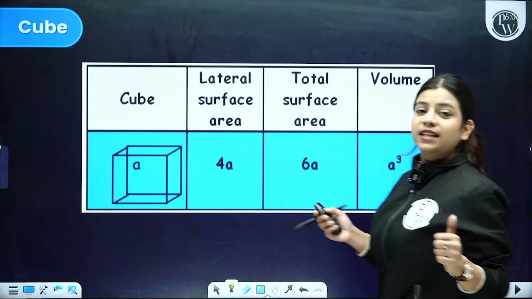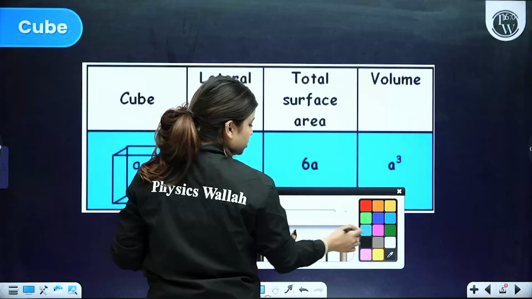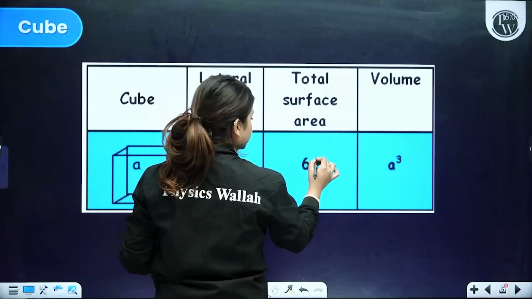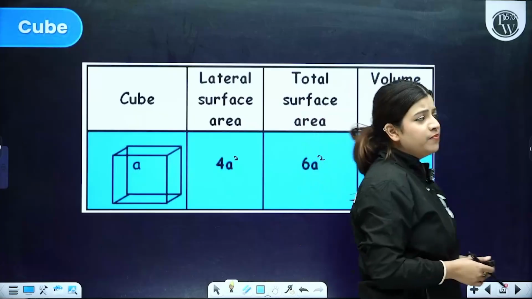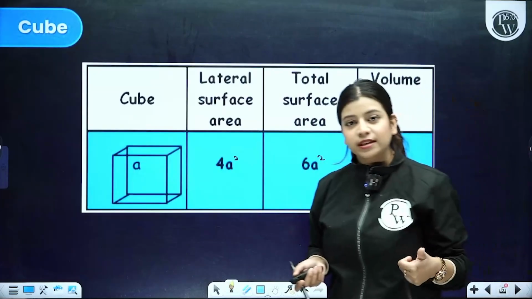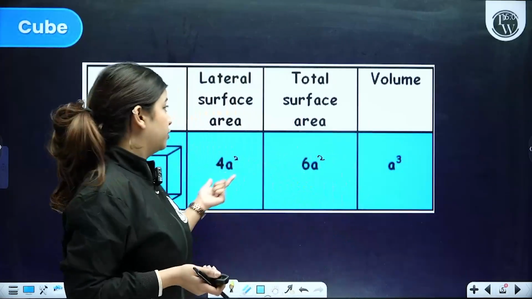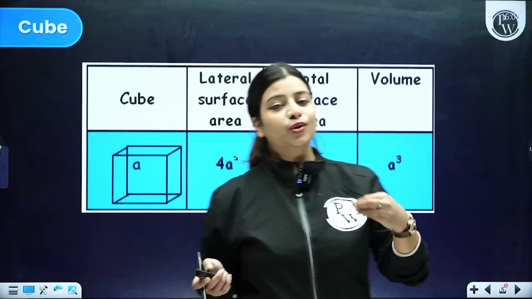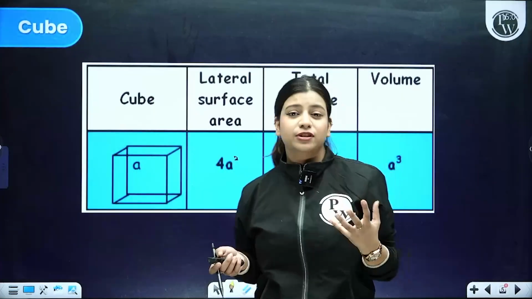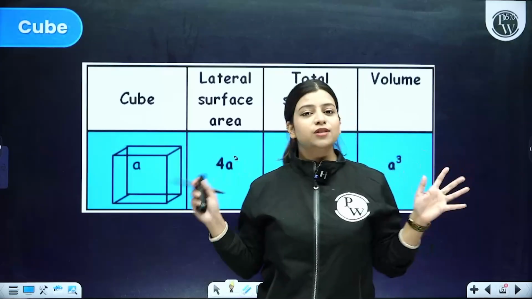The very first thing that we have is the cube. When we talk about the cube, there are three formulas which we are going to learn in this chapter. First of all, the total surface area. Secondly, the lateral surface area, and then we have the volume, right? Let me give you a brief description of the difference between all these. Imagine this room which you are sitting inside.